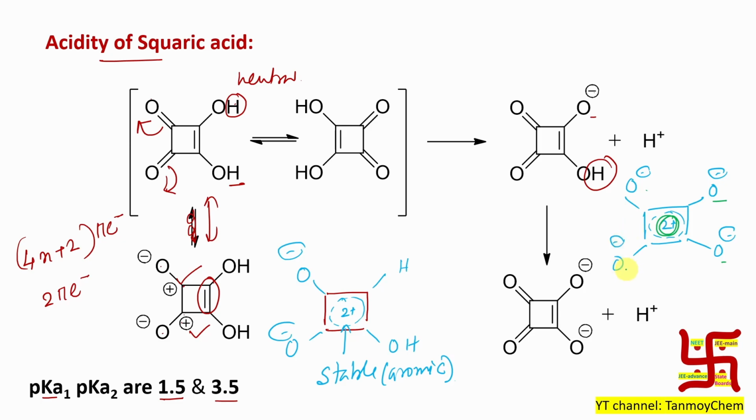So close proximity of opposite charges stabilizes this. So that is the reason why the pKa values are significantly lower. You can consider it relatively more acidic compared to, say, acetic acid. So this is the reason behind the acidity of squaric acid.